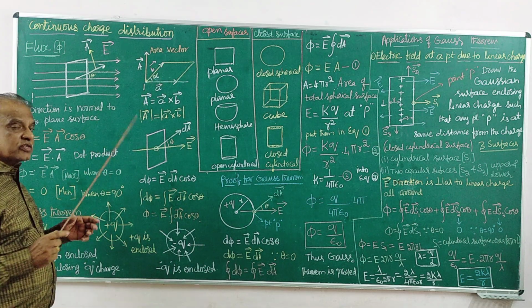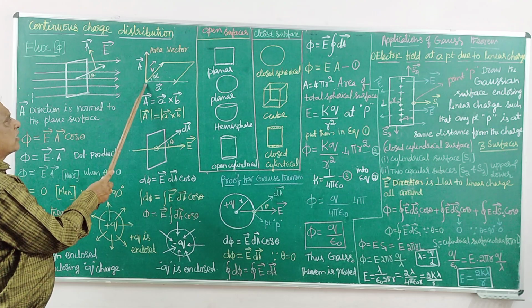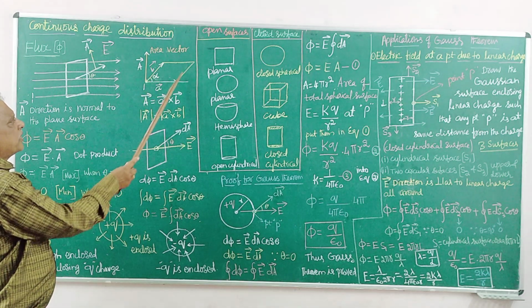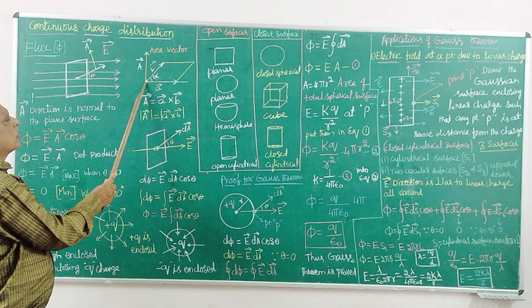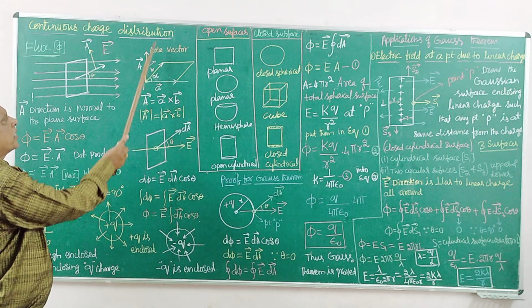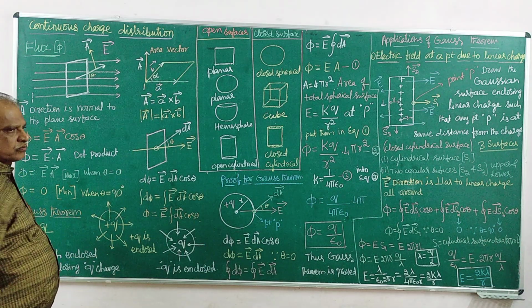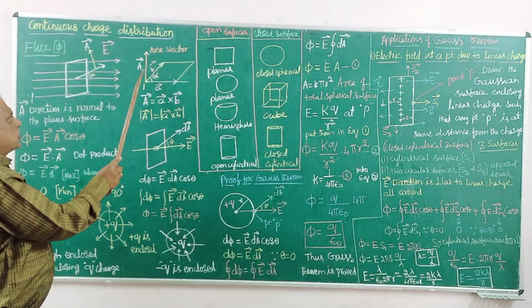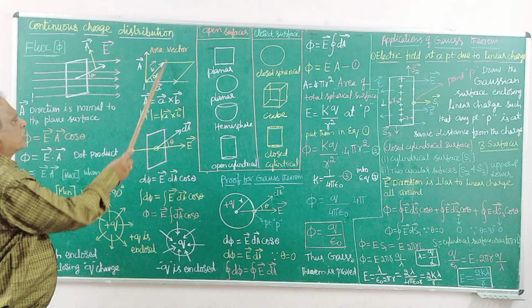What would be the direction of the area vector? The area lies in this plane. The direction of the vector is along the z axis, and it is away from the plane. That is, it is perpendicular to the plane; this z is perpendicular to the plane and the direction is away from the plane.